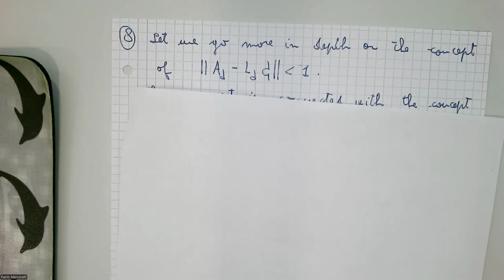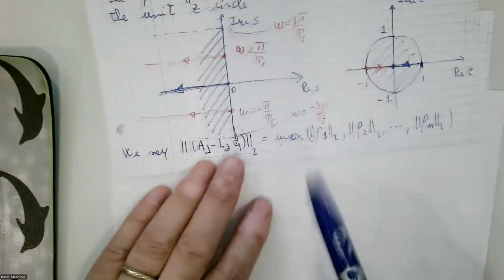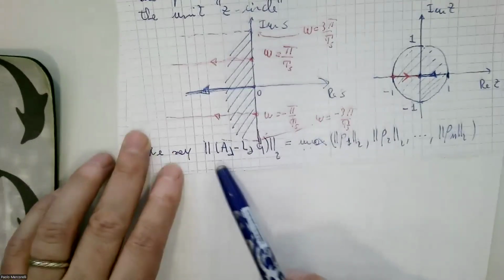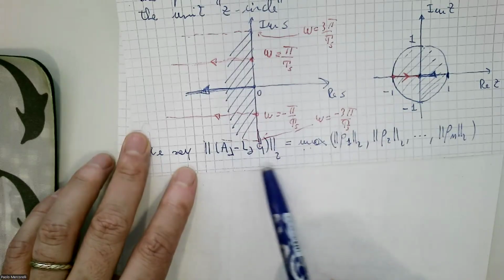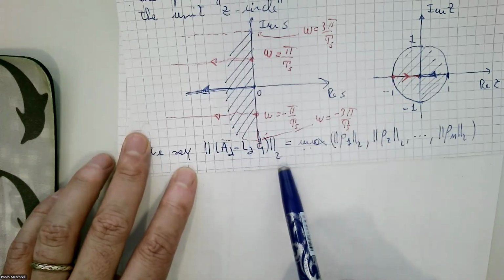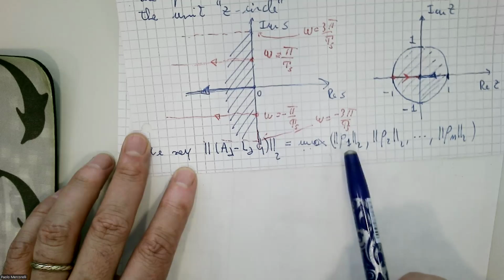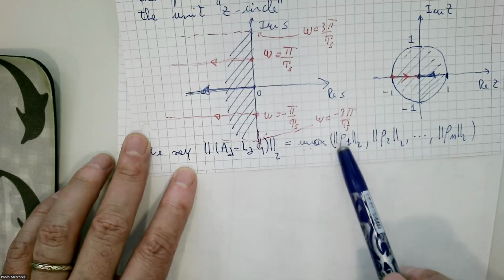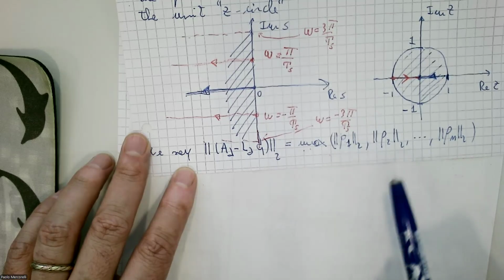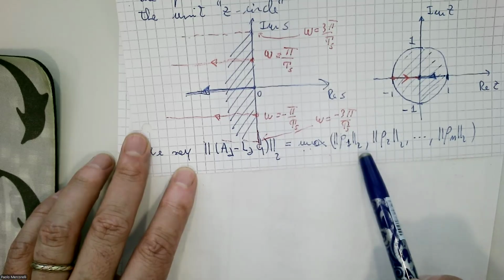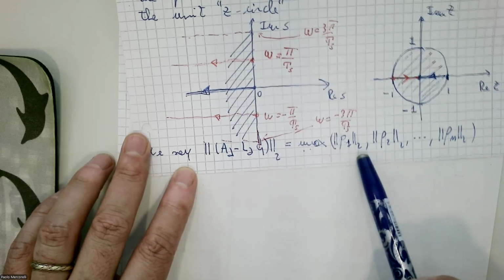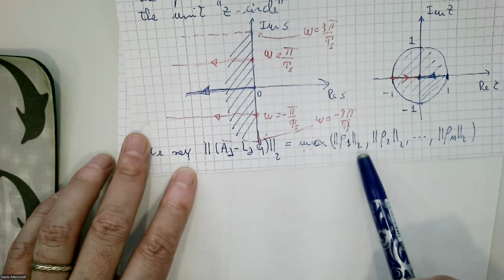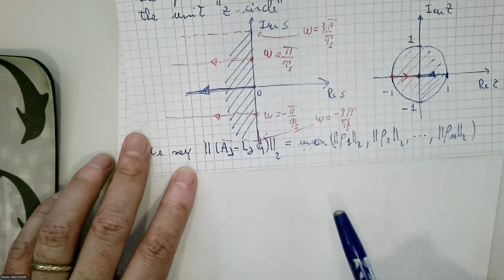This is a possible definition in which the norm 2 represents the maximal norm of the magnitude of the eigenvalue.